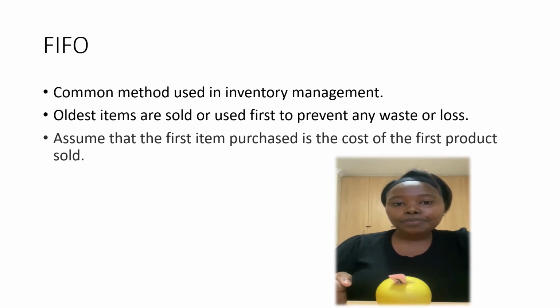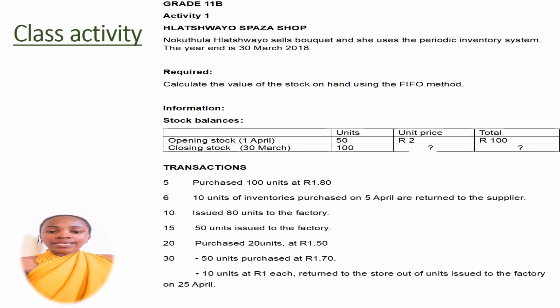This means that the older items are sold or used first to prevent any loss or waste. In this activity, you are required to calculate the value of stock on hand using the FIFO method. Correct? Correct. Moving on to our information, we have our stock balances.